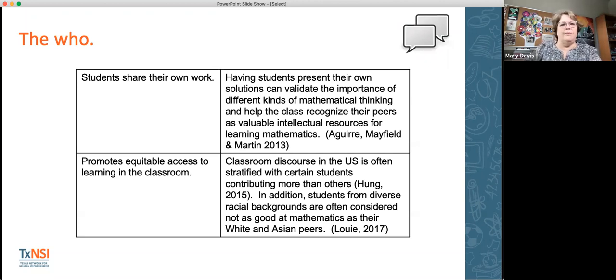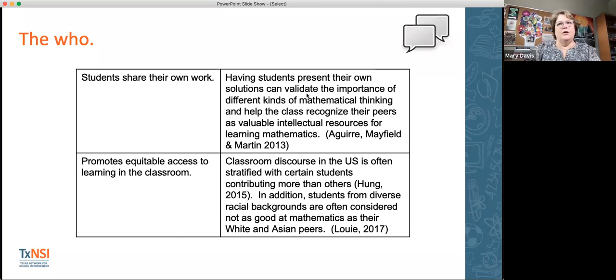In addition, students from diverse racial backgrounds are often considered not as good at mathematics as their white and Asian peers. That's 2017. That's only 4 years ago. Folks, we've got to understand girls and boys both know math. African American, white, Asian, Hispanic know math. And we need to open it up so that everyone has a voice. So who you pick can really promote that equitable access and can really show the students that you believe in all of them.